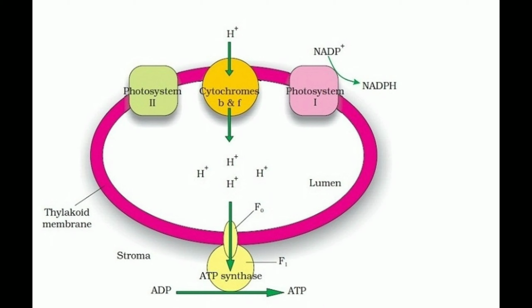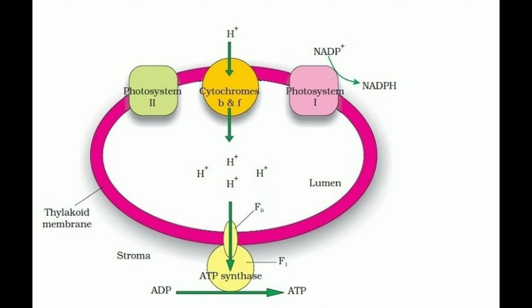When the protons in the lumen are being transported through the protein channels, they get charged, they have some energy, and that energy is used by F1, that is ATPase.